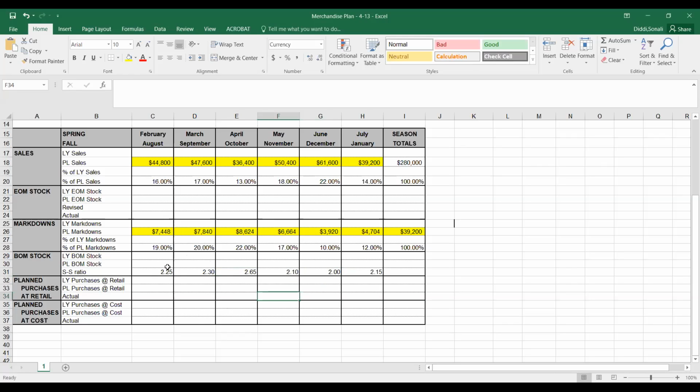So now if I had to calculate my plan BOM stock, what I'm going to do is this times monthly sales: the stock to sales ratio for that month and the planned monthly sales for that month.